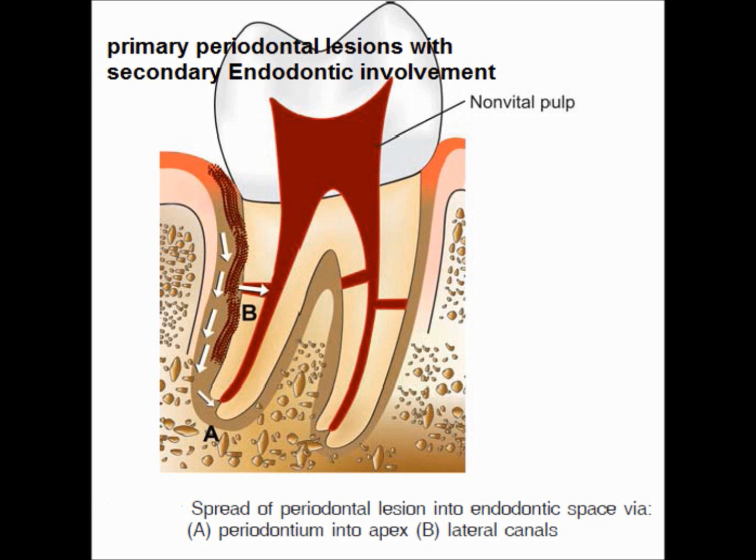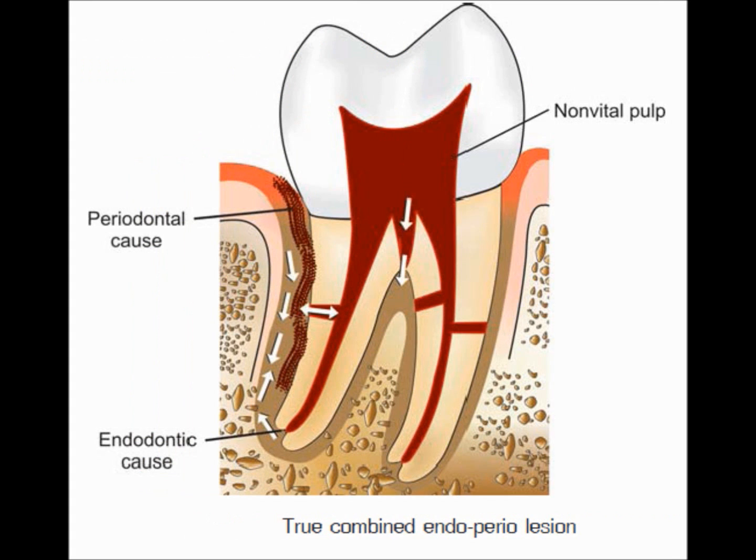This situation exists when the apical progression of periodontal disease is sufficient to open and expose the pulp to the oral environment by way of lateral canals or dentinal tubules. Radiographically, these lesions cannot be distinguished from the primary endodontic lesion with secondary periodontal involvement. The prognosis depends on continuing periodontal treatment along with endodontic therapy.